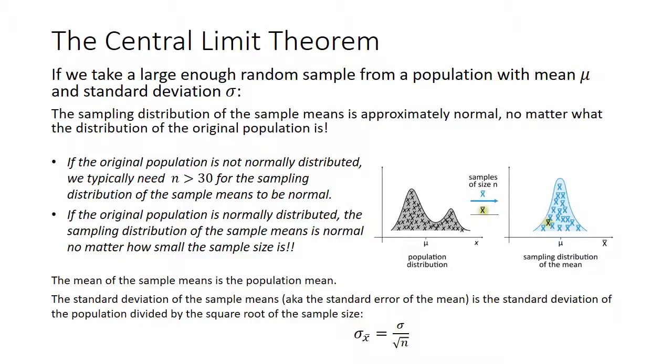To find the standard deviation for that normal curve that you see on the right side of the graphs shown, you would take the population standard deviation and divide it by the square root of the sample size. So that's just a recap of the central limit theorem, and now we're going to do some problems with it.